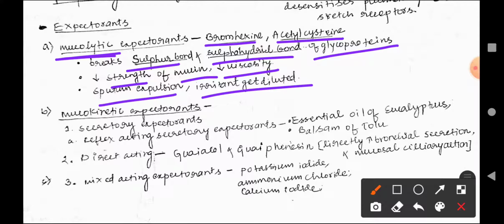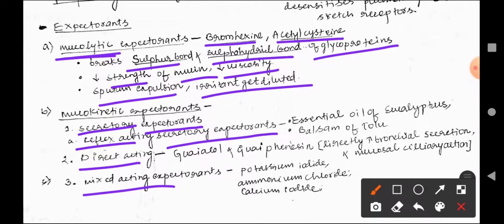Now let us come to the mucokinetic expectorants. These are again classified as secretory expectorants, direct acting, and mixed acting expectorants. The secretory expectorants act by reflex action.